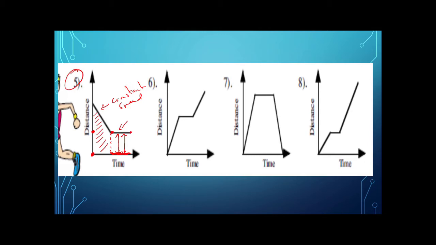Okay, here in question number 6, we are moving away from our starting point, that's our starting point there, over a certain period of time. It's a straight line, so we move at a constant speed.